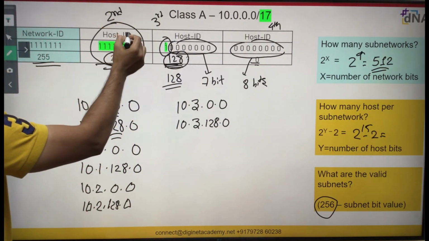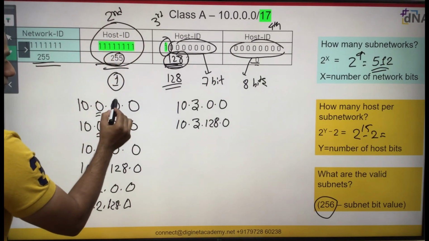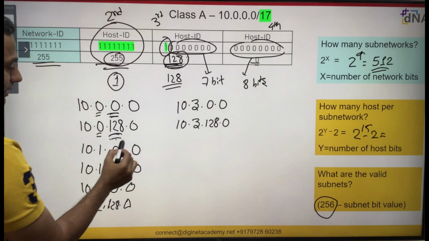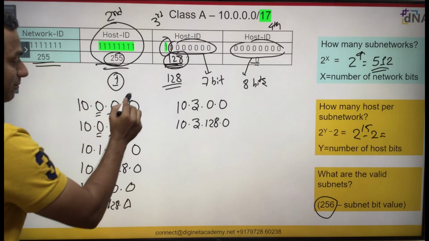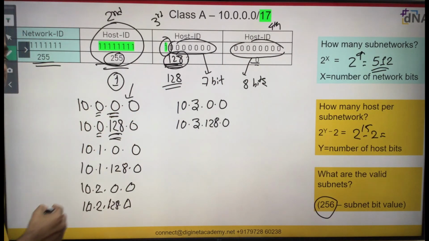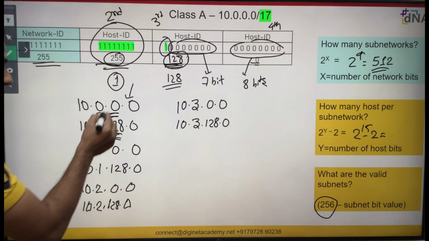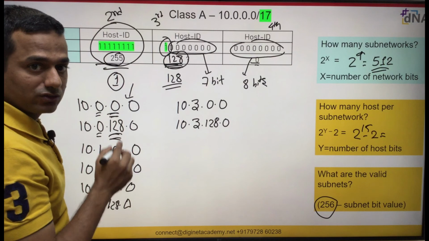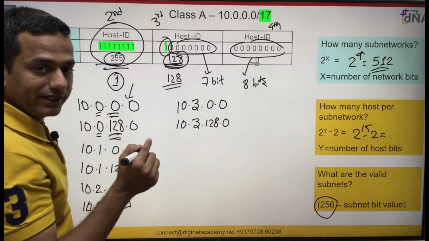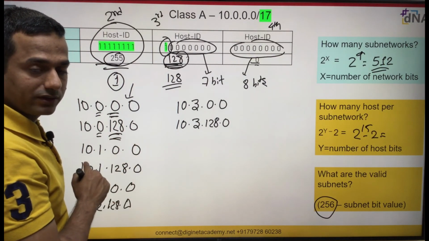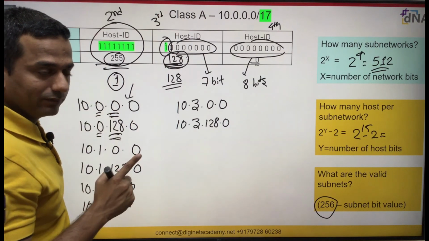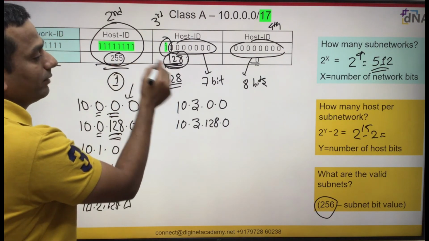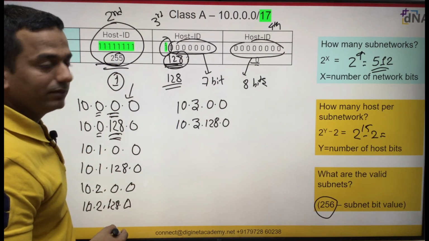So with the second octet we are getting a combination of 2: 0 and 128. But guys, this fourth octet remains the same. Why? Because it's a host portion. So don't focus there, just focus on the second octet and the third octet. In the third octet there will be an increment of 128, but in the second octet we have an increment of 1, because 256 minus 255.